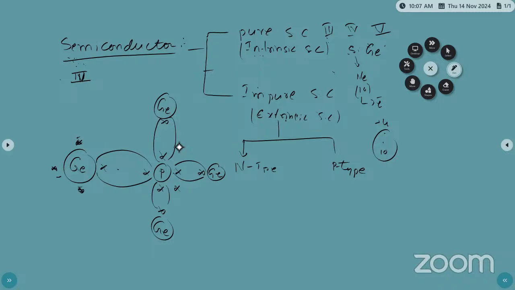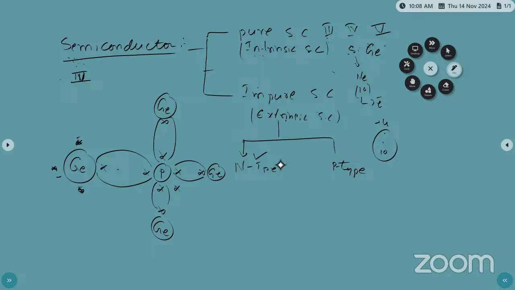The 4 covalent bonds. So now the phosphorus is having one more valence electron. That is the excess electron. What is the charge of the electron? Minus. That is negative. So that's why this type of semiconductor is called N-type semiconductor.